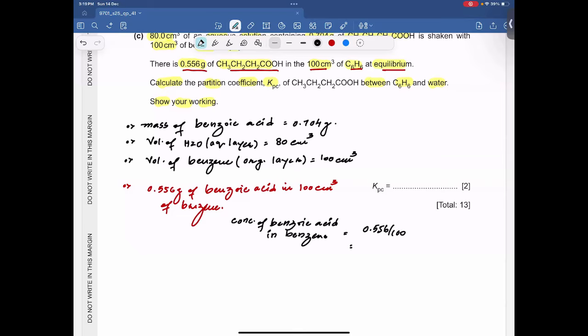So it's going to be how much? 5.56, my bad. 0.556 divided by 100, 5.56 into 10 to the power minus 3 gram per cm cube. Okay.